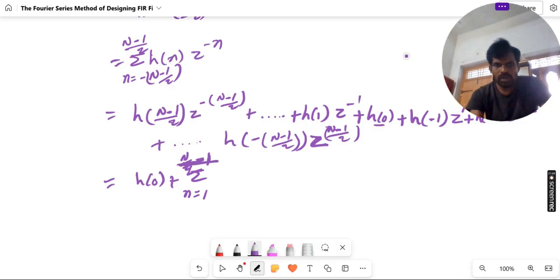For the whole, the range is small n from 1 to capital N minus 1 by 2.